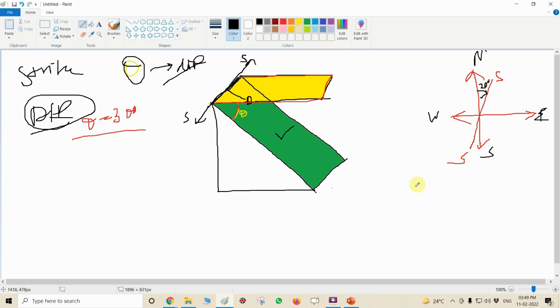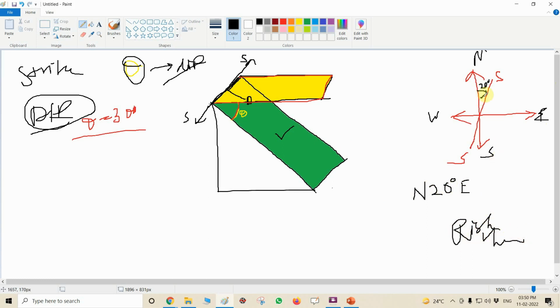There are several styles to write the strike. The first style you can adopt is to write the angle it is making with the north, and in which direction? In the east direction. So the angle is 20 east, and always follow the right hand rule.